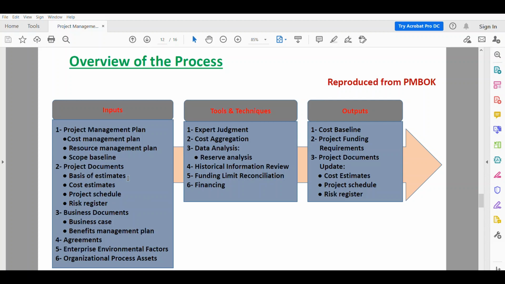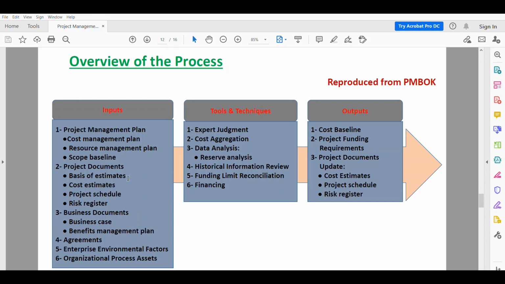So I just wanted to talk about some of the outputs here. Actually, this is important. The tools and techniques, the cost aggregation.